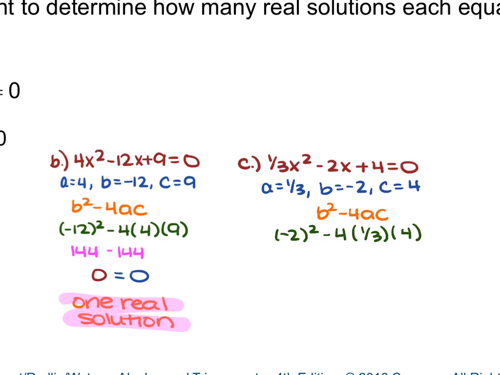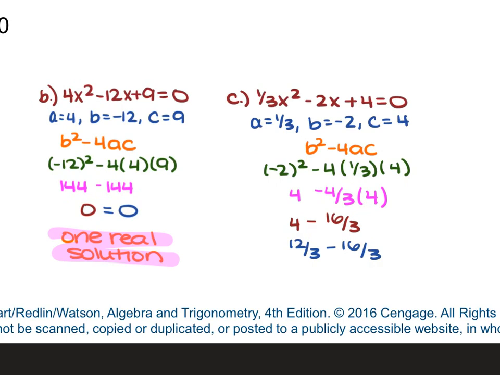The negative 2 squared is 4. Negative 4 times 1/3 is negative 4/3 times 4 gives me 4 minus 16/3. That 4 is the same thing as 12/3 minus 16/3. 12 minus 16 is negative 4/3. That negative 4/3 is less than 0, so we have no real solutions.